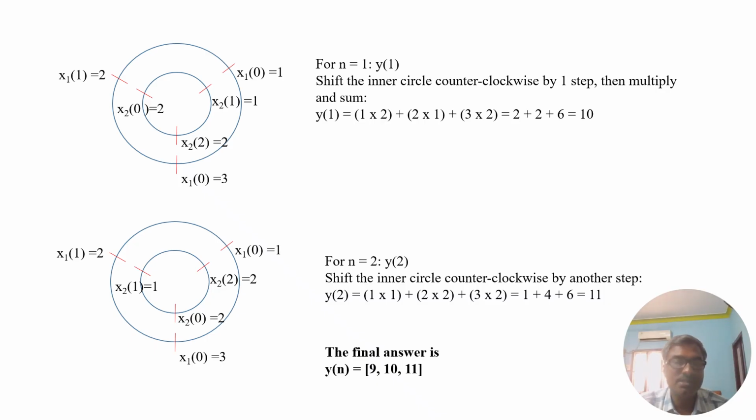Similarly, in the third step, we rotate the inner circle by another step in the anti-clockwise direction. Then we multiply the correspondingly positioned sample values. Then we will get y of 2 equal to 1 into 1 plus 2 into 2 plus 3 into 2. The final value is 11. So the total value of y of n equal to 9, 10, 11.